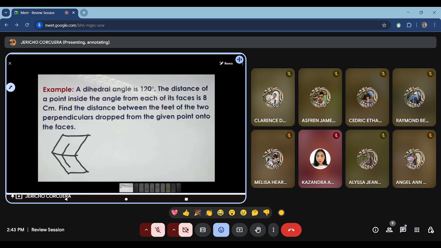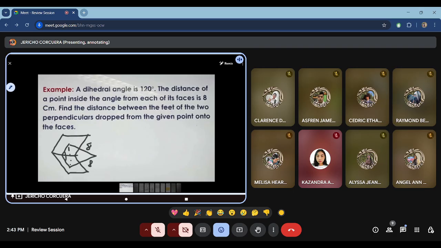And we also have the point here, and that is 8 centimeters, because the distance of a point in that angle from each of its faces is 8 centimeters. So this is 8 as well. So find the distance between the feet. So we're looking for this one. And this is 120 degrees.